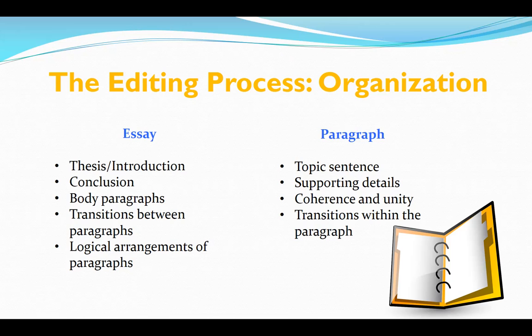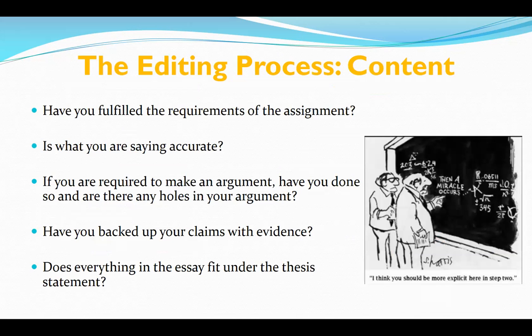And if it doesn't, then you need to get rid of it. And of course, transitions within the paragraph is very important. So just as between paragraphs, when we're looking at the whole essay is important, transition between ideas within the paragraph is also very important.